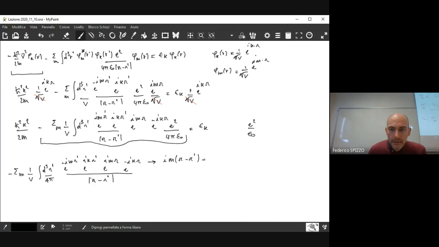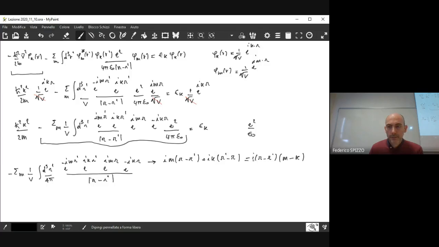I may also collect Ik, and I have r prime minus r if I collect k. At this point, I may collect r minus r prime. So what I have here is the imaginary unit in front, then I have r minus r prime, and then I have m minus k.